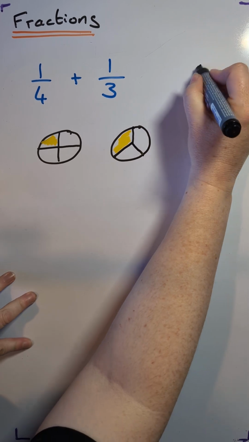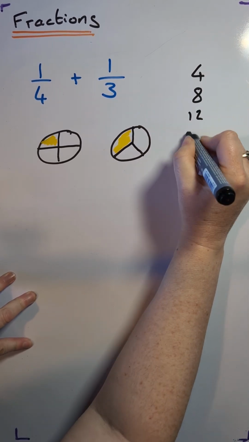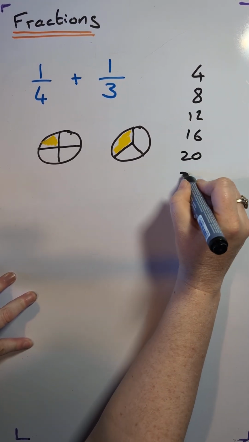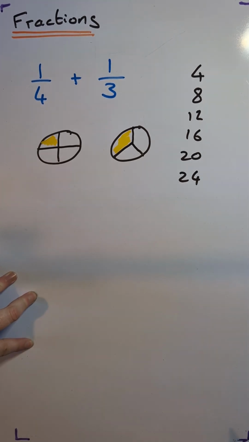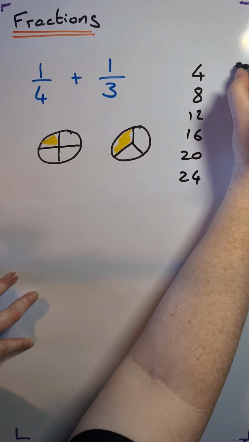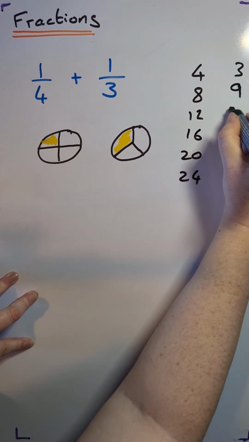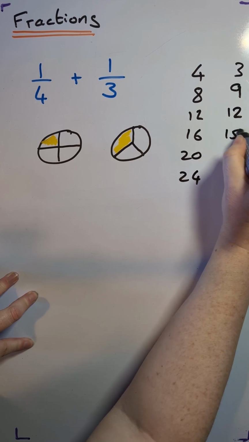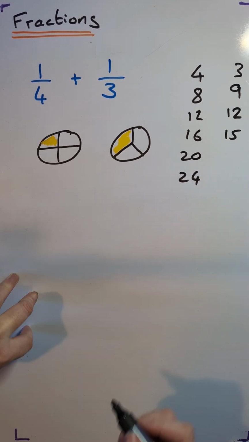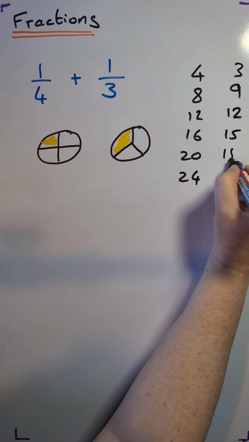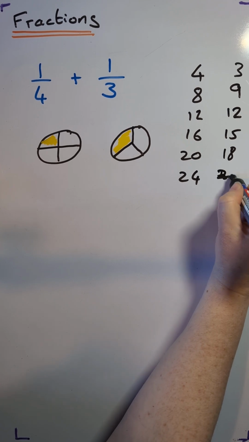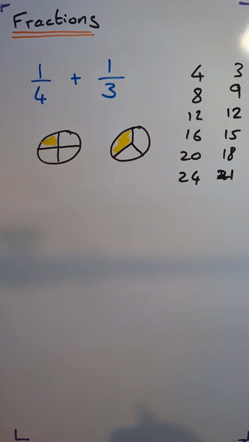So I want to try and find some times table where they meet. So if you look at your 4 times table, and I realise a lot of you are going to have worked this out instantly, and I do my 3 times table, I'll keep going to there. Right, I can go to there as well actually.